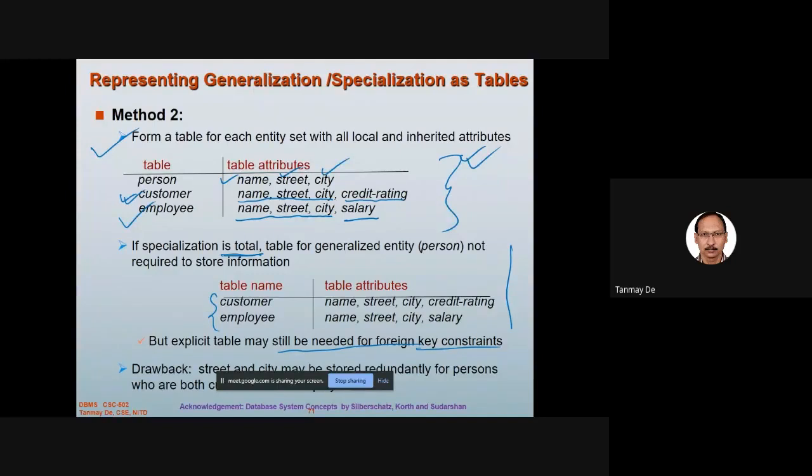So for those persons, say Amit and say Bikas, both are customers as well as employees. So the address of Amit and the address of Bikas are duplicated in the person table, as well as the customer table and the employee table.